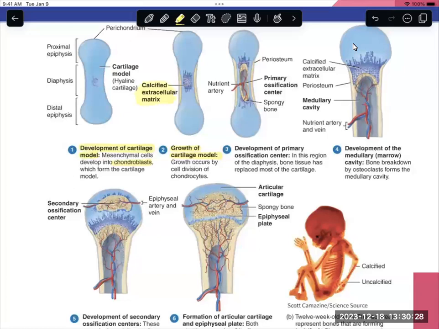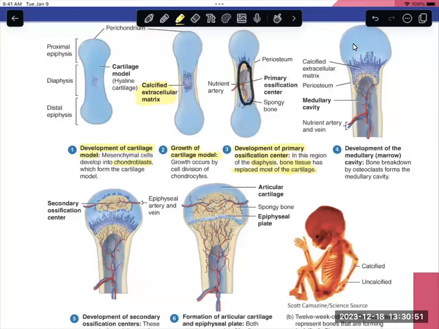It's going to calcify to the point where we get this primary ossification center. This whole area is that primary ossification center. It starts in the diaphysis, so the middle of that long bone. And bone tissue has replaced that cartilage at this point.